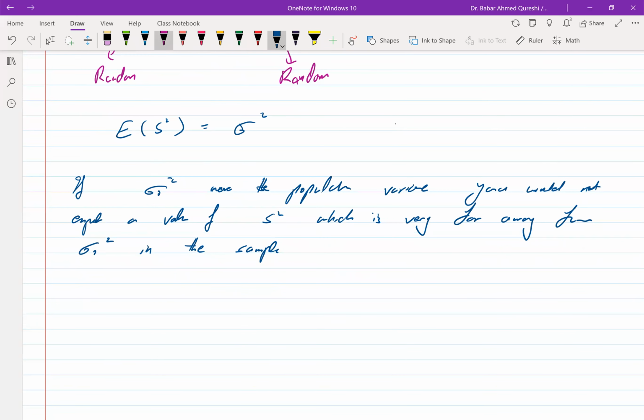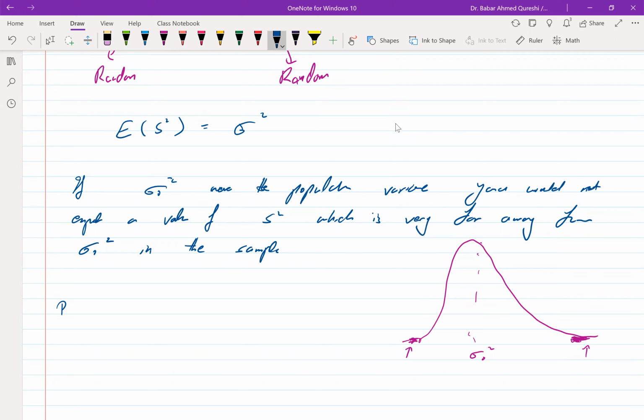Because this chi-square variable is not symmetric, but the mean is somewhere around sigma naught square. So if you see a number very, very far away over here, very, very far away over here, then there's a very small likelihood that it came from a true population variance of sigma naught square. The probability of getting a number here or here is very small. So you can devise tests based on these probabilities.